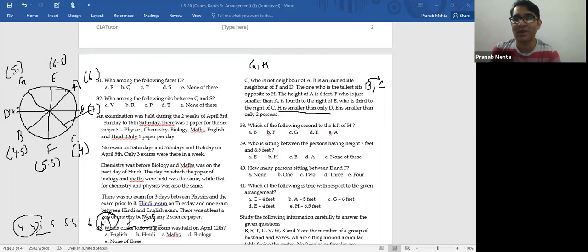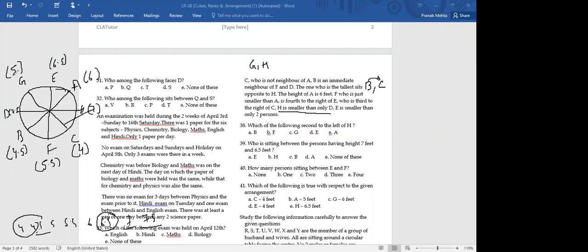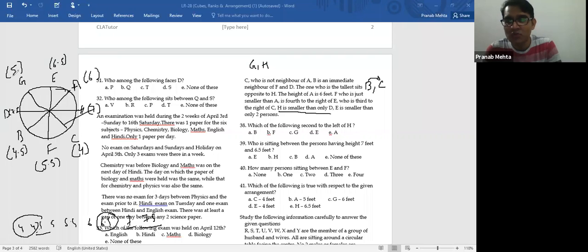So how to learn solving this kind of question is, for the next 5-6 days, every day when you wake up, just take one caselet and try solving it, from this handout only. And this is a very good handout, trust me. If you're able to solve questions from this handout, you'll be able to solve almost all kinds of reasoning questions, sitting arrangement I'm talking about.